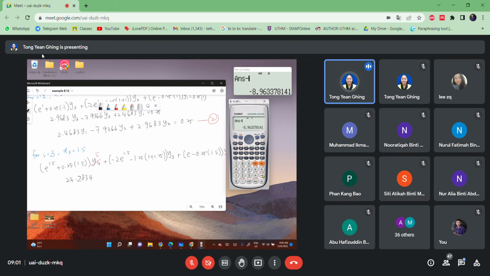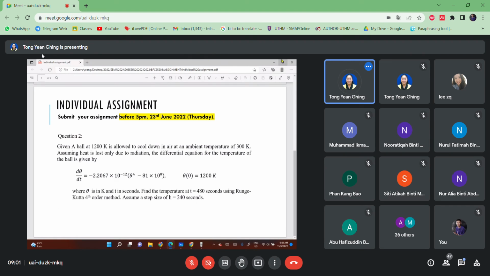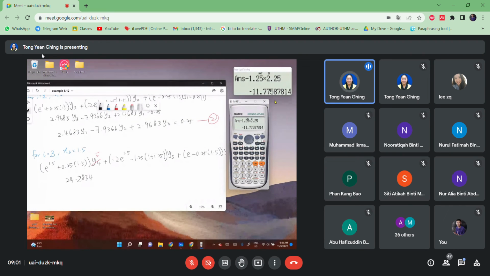And then tolak dengan 1.25 times with 2.25. Betul tak ini? Correct or not this one? Oh. Macam tak betul je. 2.25 minus it. I get negative 12.0883.